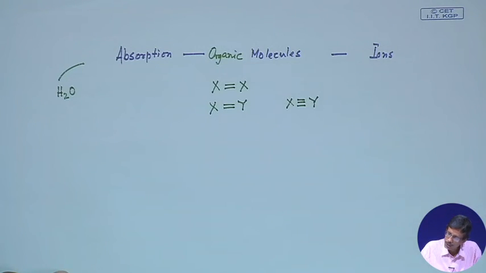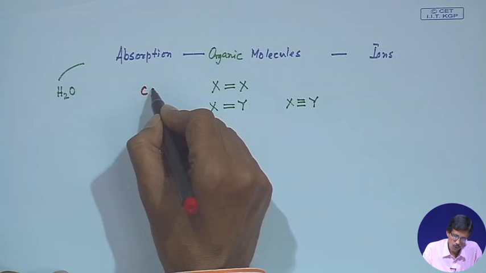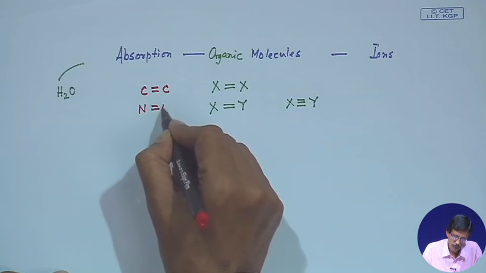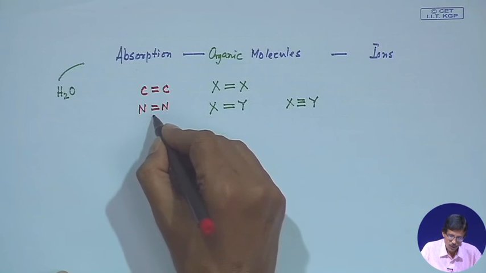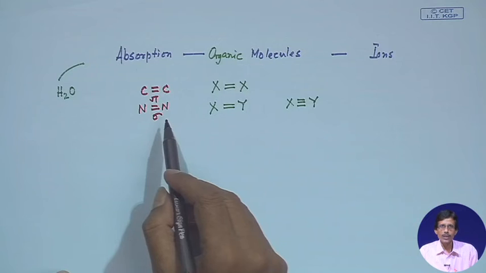And what we see here is very simple: when these two are bound, in the C=C double bond or a nitrogen-nitrogen double bond, one is your sigma bond and another is your pi bond, and the sigma bonds are strongly held.